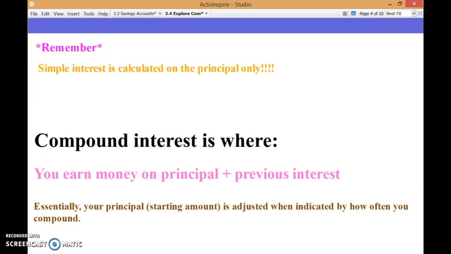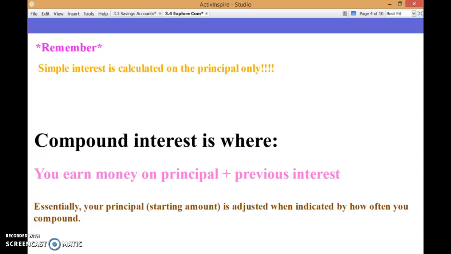But before we talk about compound interest, we have to remember that simple interest is calculated on the principal alone, right? How much you start with, and then our interest rate and our time, and that will give us our interest. Compound interest, on the other hand, is where you earn money on your principal and whatever your previous interest was. A lot of times we talk about when something is compounded. So you'll hear things like compounded monthly.